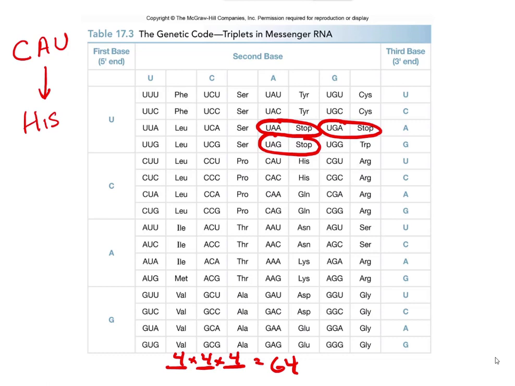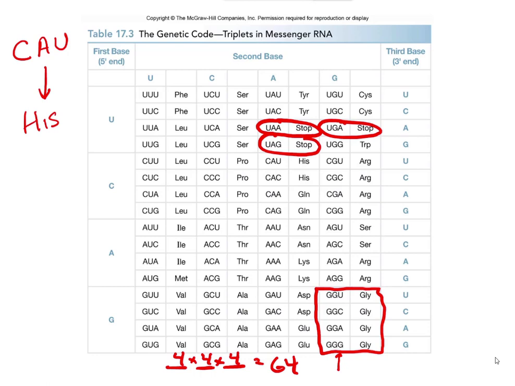And for instance, if you look down here, you'll notice that all of these make glycine. So typically, the last spot in your codon, so GG, it doesn't matter what the last one is, GGG, GGA, GGC, or GGU, all of them make glycine.